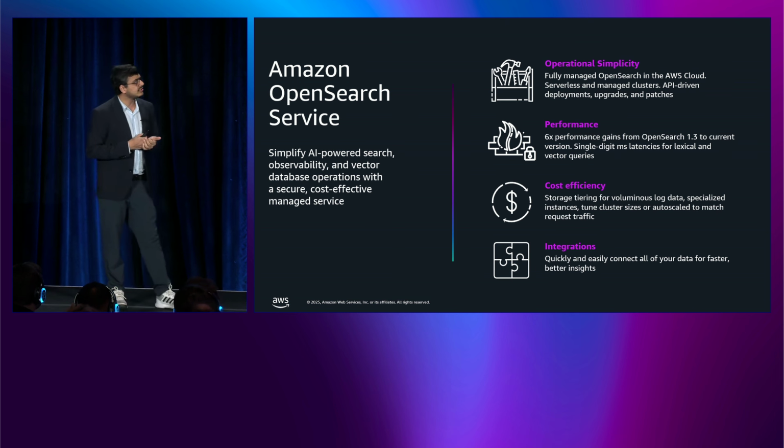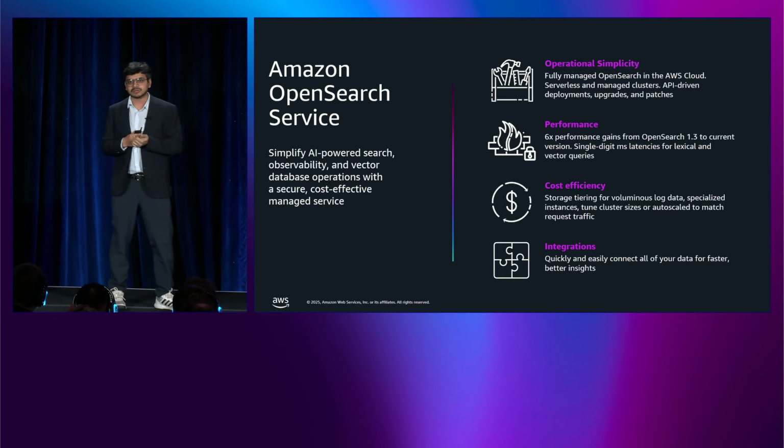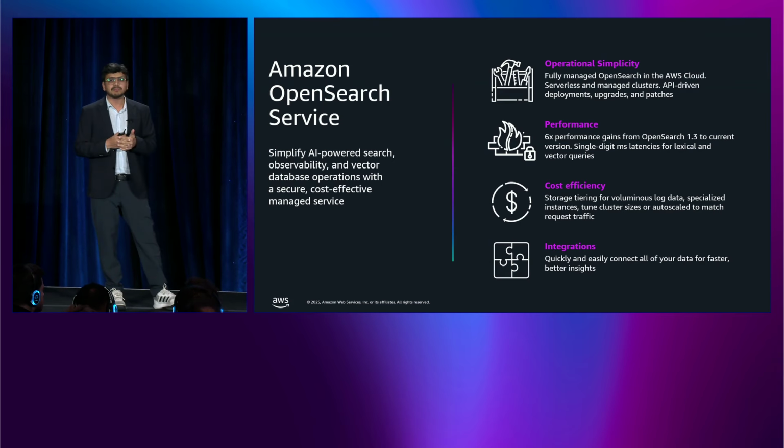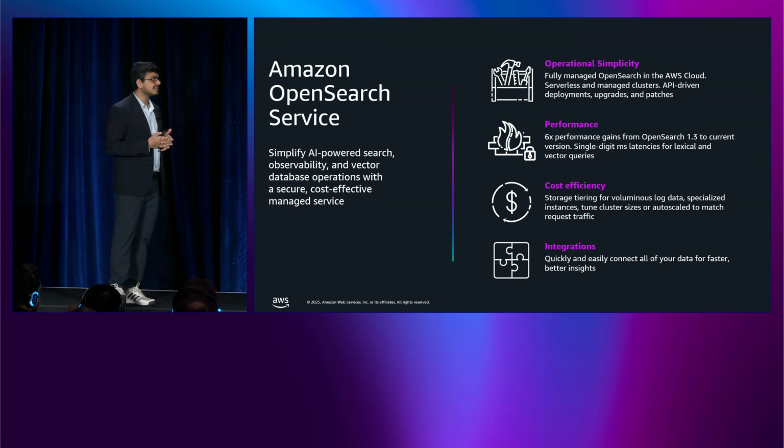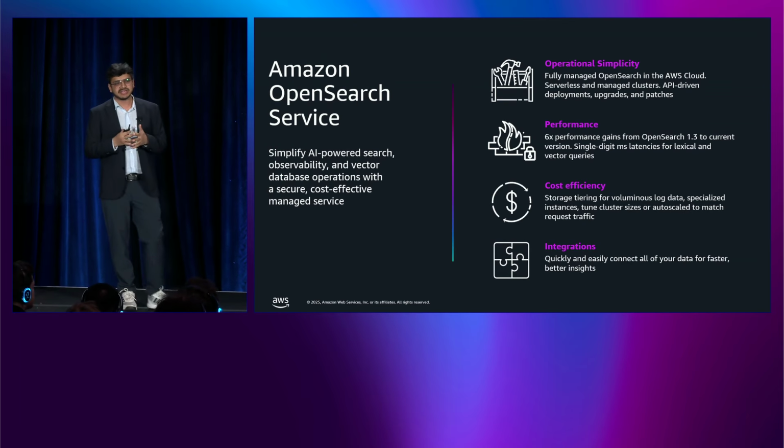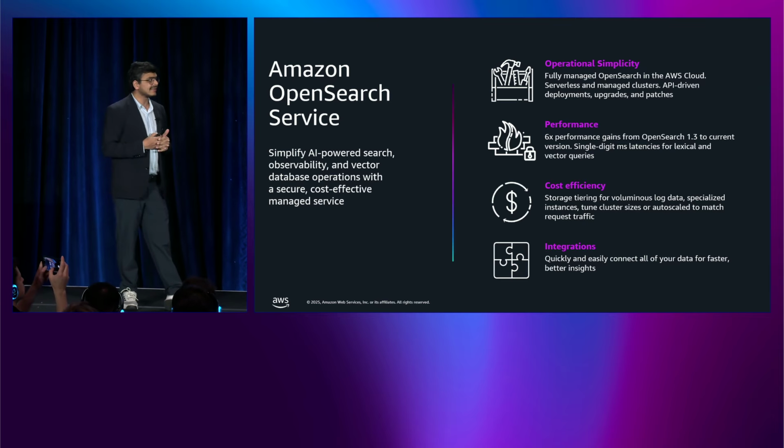And if we talk about performance with respect to OpenSearch, we have seen a tremendous improvement from its previous version, which was around 1 to 2 years back. We have seen a 6x performance improvement. And when we talk about the agents' knowledge base and the vector database, you can use OpenSearch to get single-digit millisecond latencies.